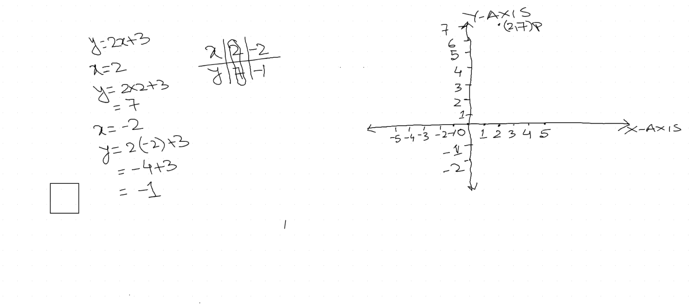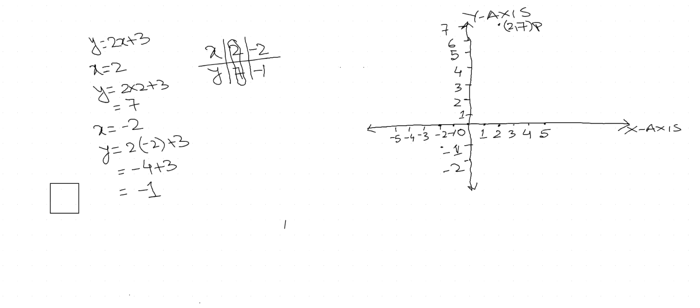What is the next value? X value is minus 2 and y value is minus 1. So where is minus 2? X minus 2 is here. This is x value minus 2. Now y value is minus 1, so here we have y value minus 1.